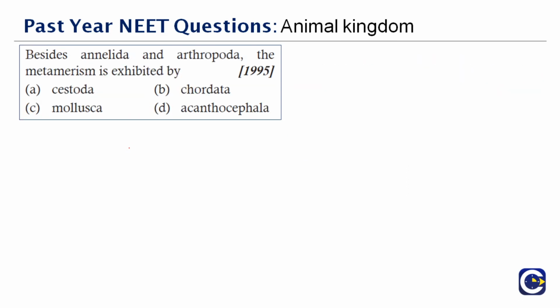Next question here. Besides Annelida and Arthropoda, the metamerism is exhibited by dash. Now, first of all, what is metamerism? We already saw in the earlier chapters, but it's good that you repeat again.